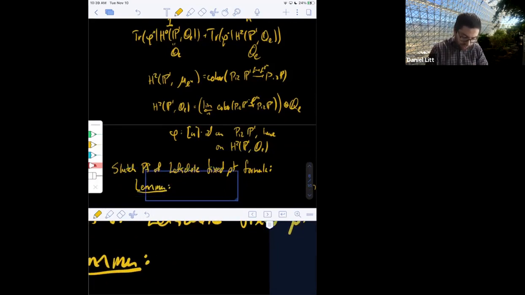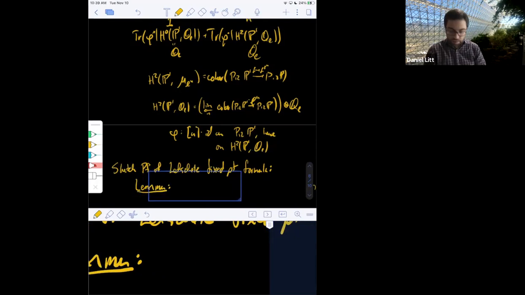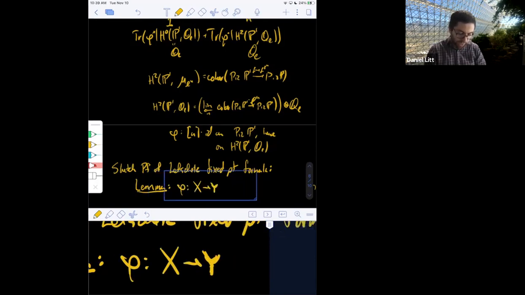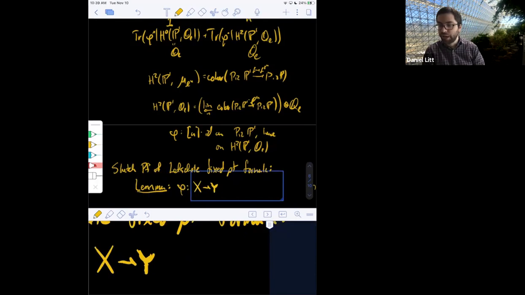In order to understand what's happening here, suppose we have phi, a map from X to Y. We need to understand how to write what it does on cohomology in terms of the graph of phi.